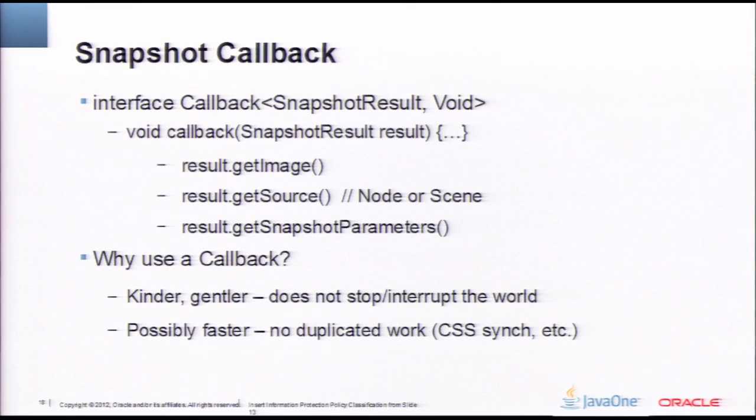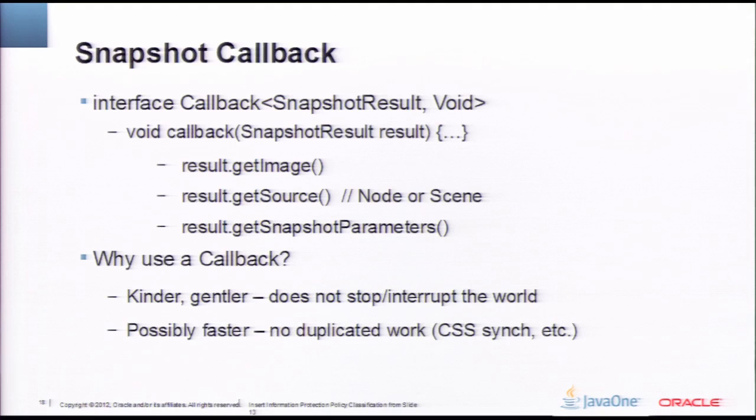Again, both of the scene and node contain a version that uses a callback, and your callback doesn't need to return any data. It's a void callback. We provide a snapshot result argument, which contains the image that we rendered into, and also the source, the node or the scene that you called it on, and the snapshot parameters that you gave us if it was the node version, or null if it was the scene version.